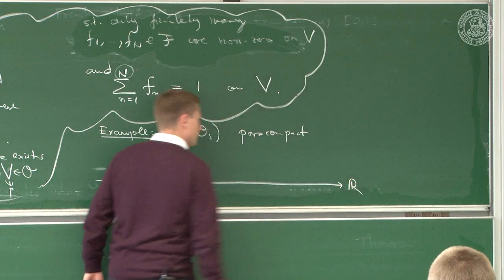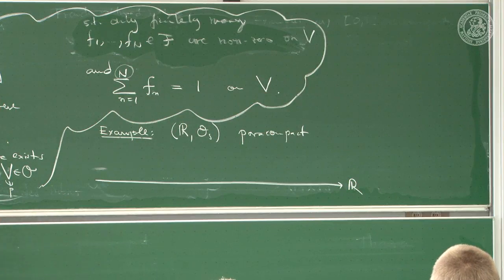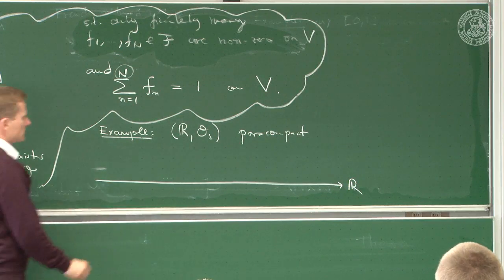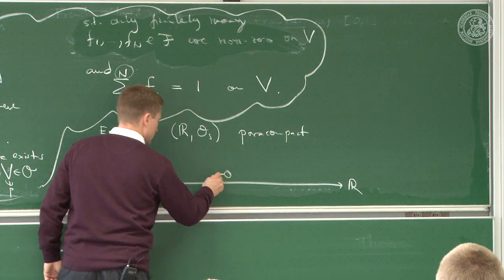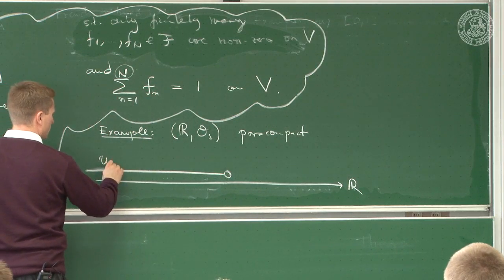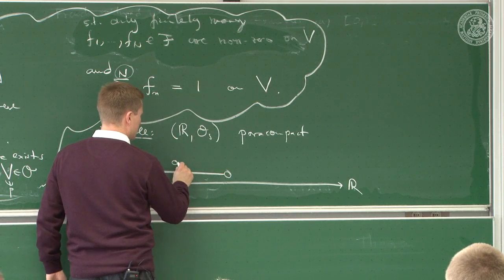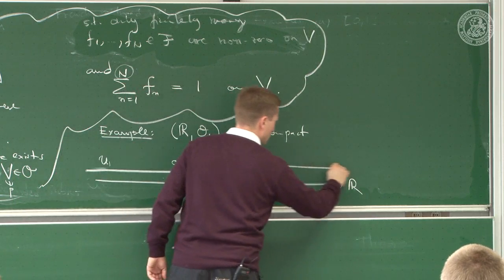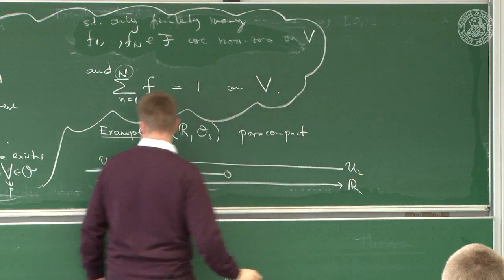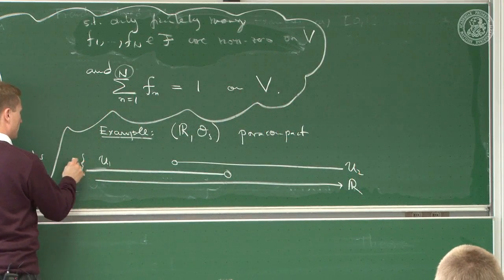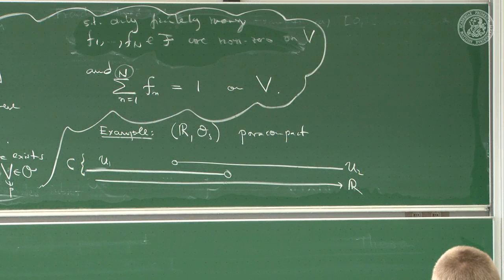That's the real line. It's true for any open cover, so I take this open cover. I take this open set as U1, and I take this open set as U2. U1 and U2 together constitute an open cover.